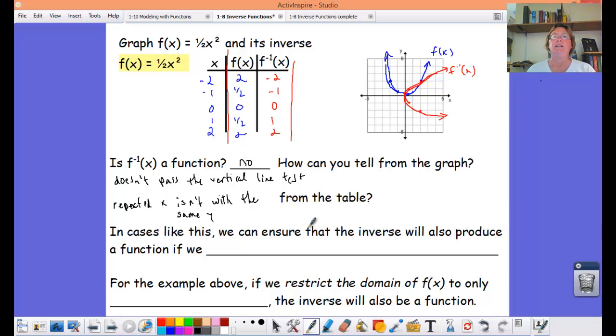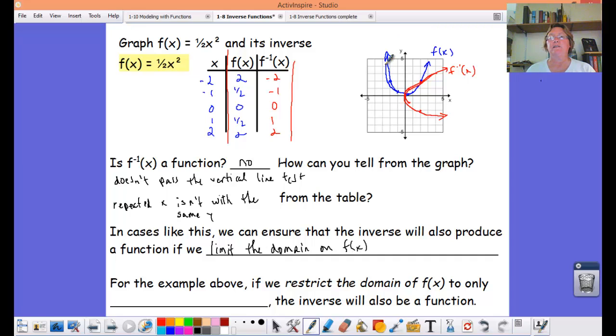However, if we want to ensure that the inverse will produce a function, we limit the domain on the original function. Limit the domain on f of x. In fact, as you look at this, our problem occurs because we have this negative branch.